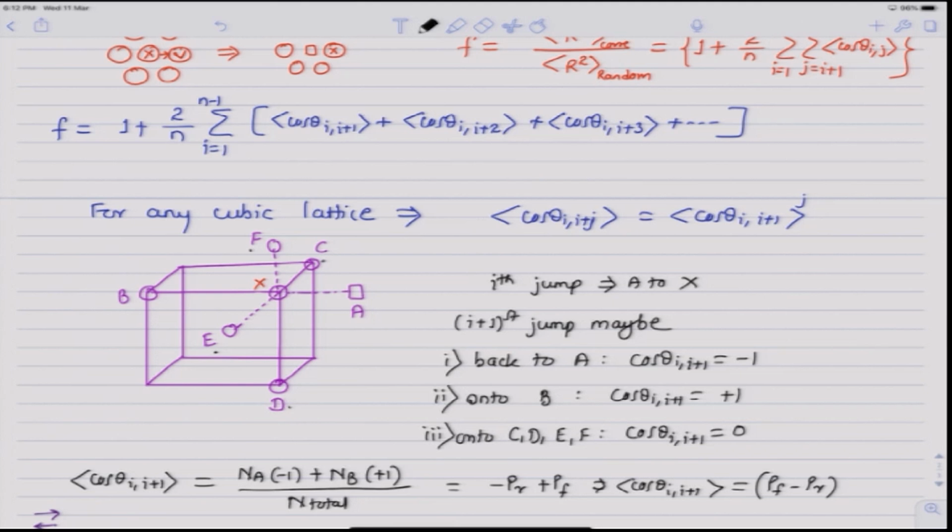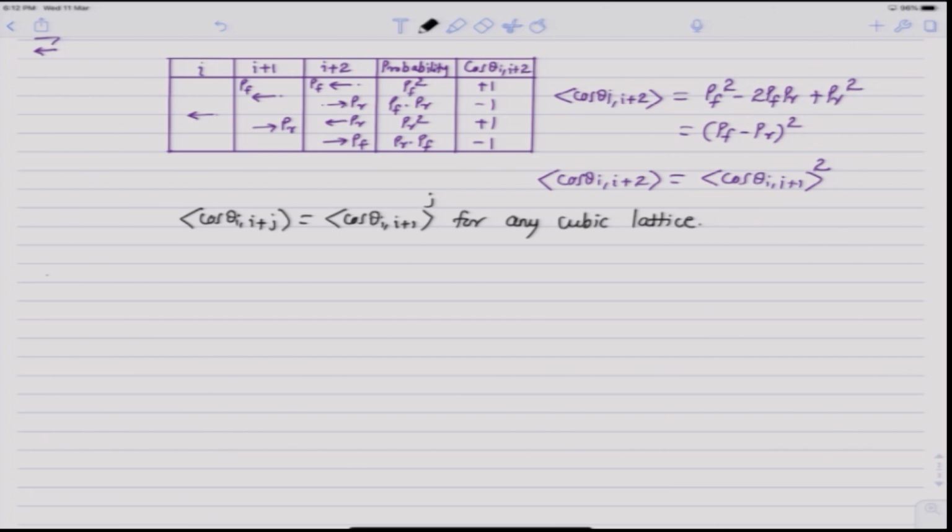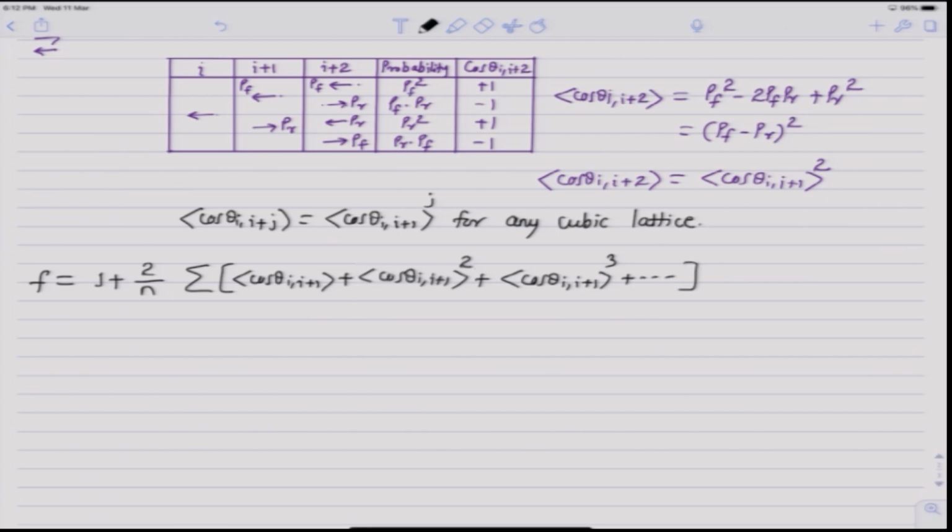So, let us substitute this back into the expression for f here, and let us try to derive the expression for f. So, f is equal to 1 plus 2 over n summation of average cos theta i+1 plus average of cos theta i+1 squared plus average of cos theta i+1 cubed, and so on.